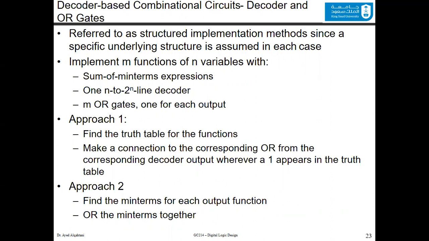After we describe the decoder idea for you, now we will show the decoder-based combinational circuits using decoders and OR gates. This is referred to as a structure implementation method, since a specific underlying structure is assumed in each case.